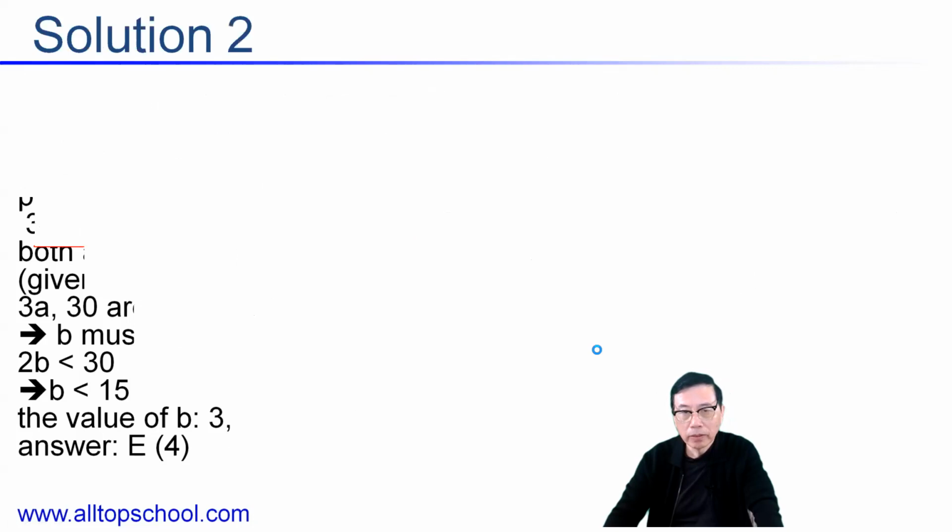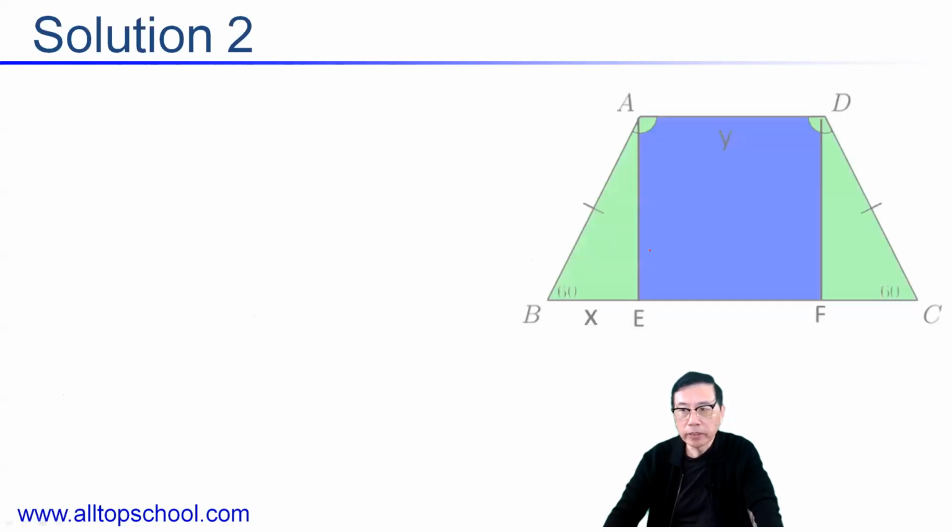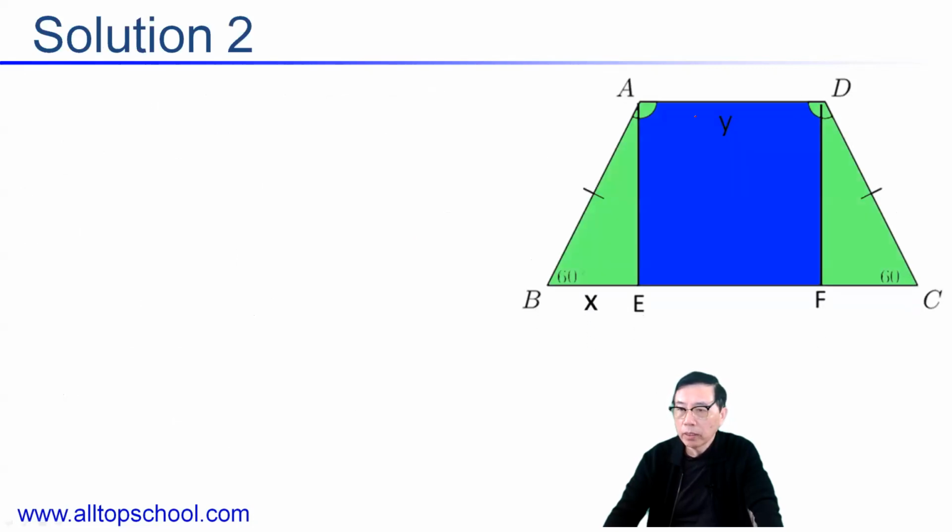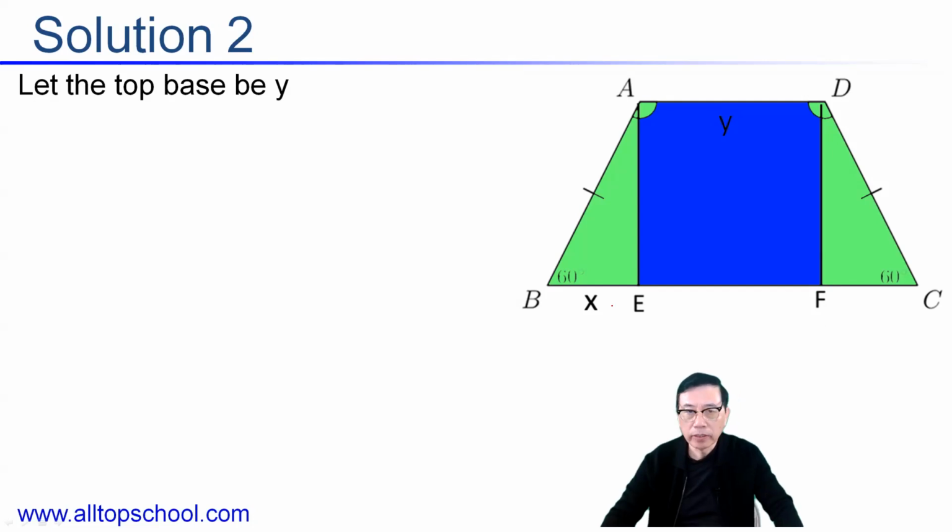The second method: you can see I'm going to split the trapezoid into 2 congruent right triangles and also a rectangle. This is mainly for isosceles trapezoids. What we can do, I'm going to let the top base be y. I let this be x after splitting. X may not be an integer because this is not the side length. Side lengths of the trapezoid are integers, but this x is part of the side length.